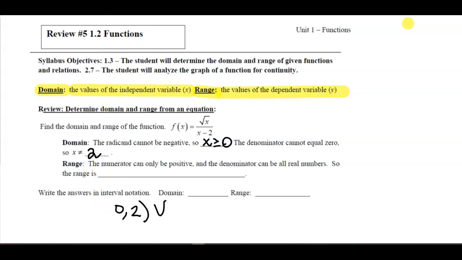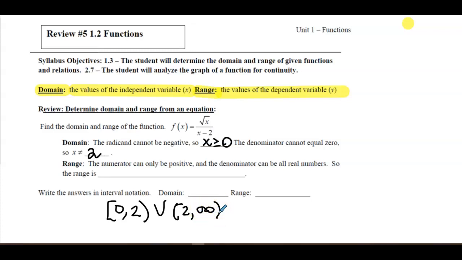Sorry guys, still getting used to all of this. So this is a bracket, and it goes from 0 to 2, and then U stands for union, so we're going to include, and then we're going to pick back up at 2 again. This is a parenthesis, and we're going to go to infinity. So that is what the domain looks like.